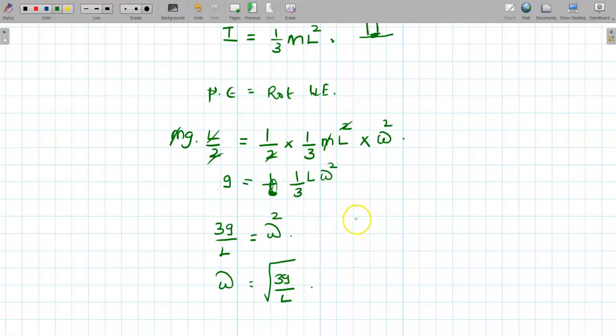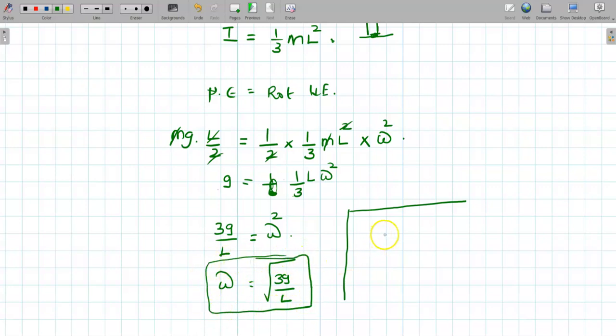Now we are going to find the speed at the other end, the linear speed. Now that we have found the angular velocity, there is a formula for finding linear speed: v is equal to omega multiplied by the length.